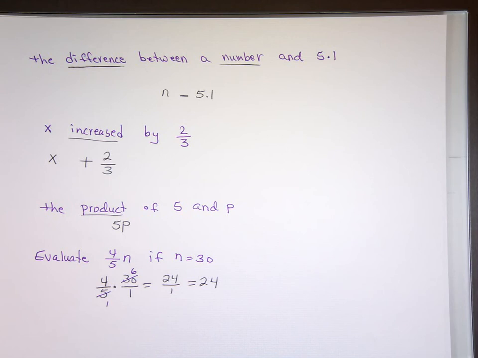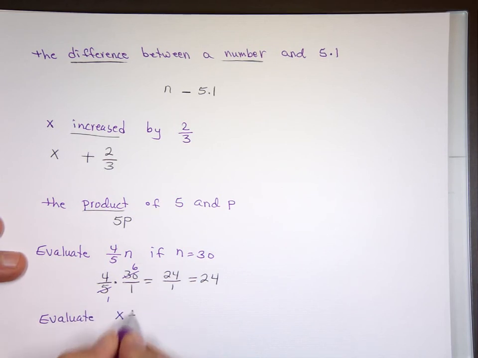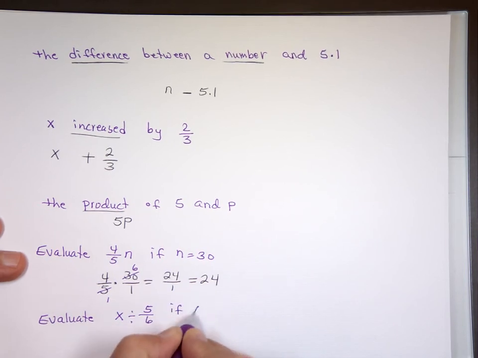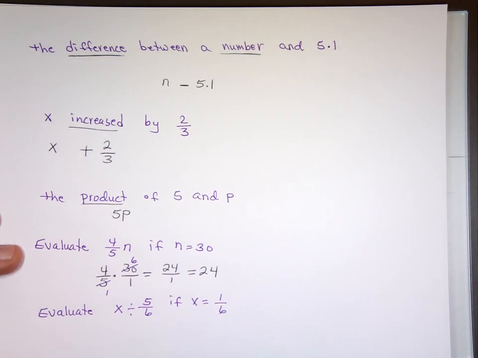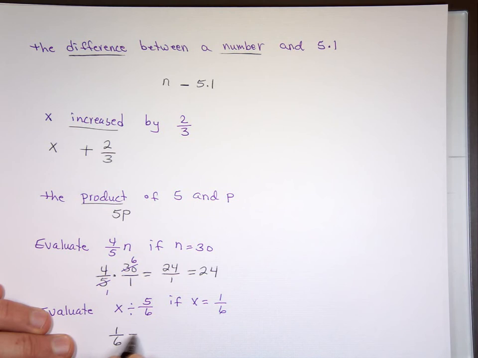We'll do one more. Evaluate x divided by 5 over 6 if x equals 1/6. Going back to chapter 2, notice the fractions never leave. This will be what? 1/6 divided by 5 over 6.